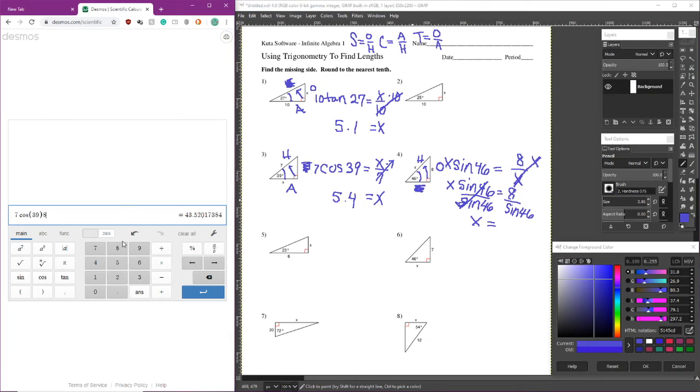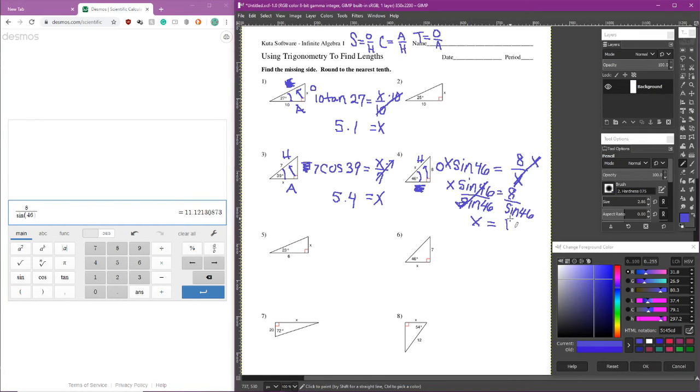So here's 8, and I have to hit the divide. Actually, let's clear all first. 8 divided by the sine of 46. And that ends up giving us 11.1, and the 2 is not enough to round up, so it really is just 11.1. So x equals 11.1.